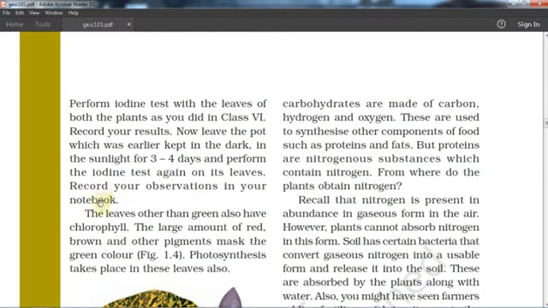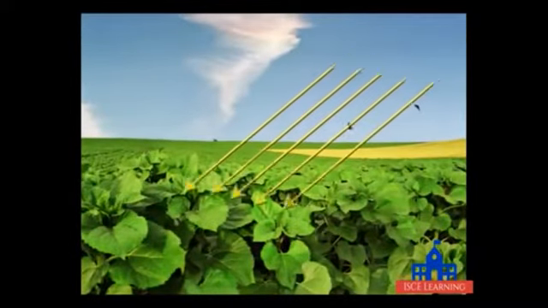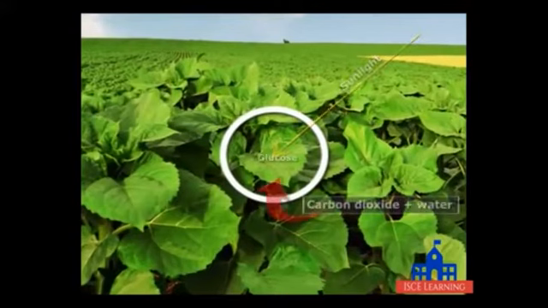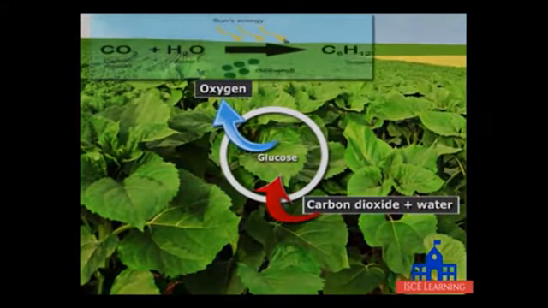Record your observation in your notebook. So students, this activity we can see by this video. Photosynthesis is the natural process occurring in green plants that converts solar energy to chemical energy and releases oxygen into the atmosphere.